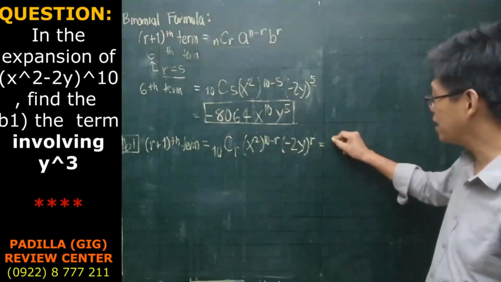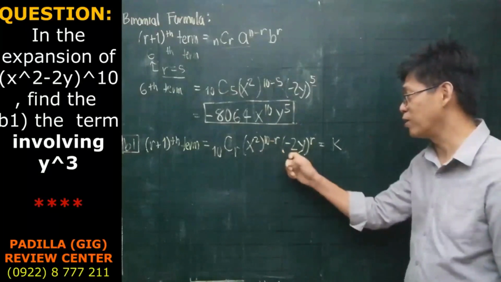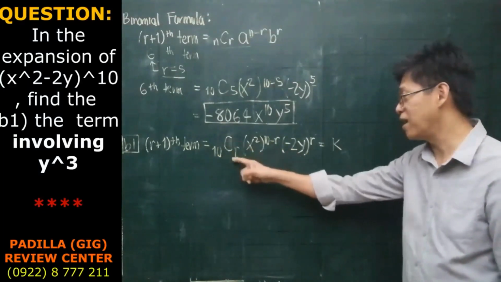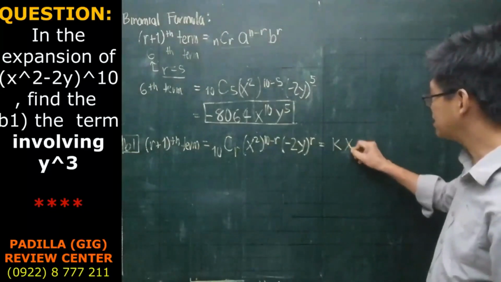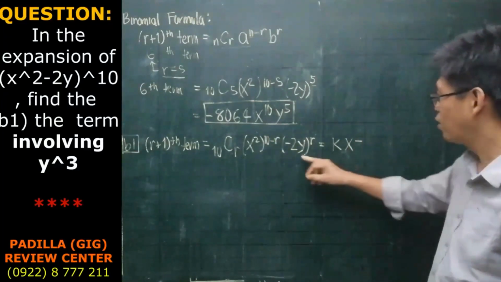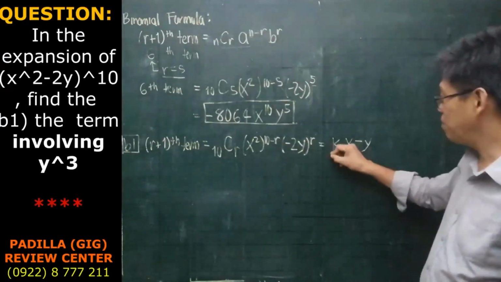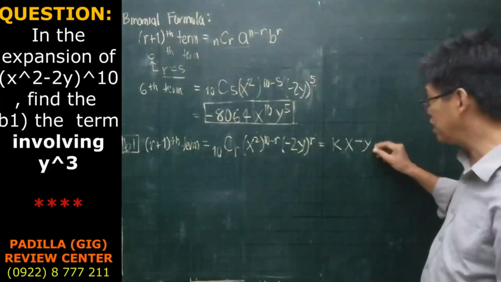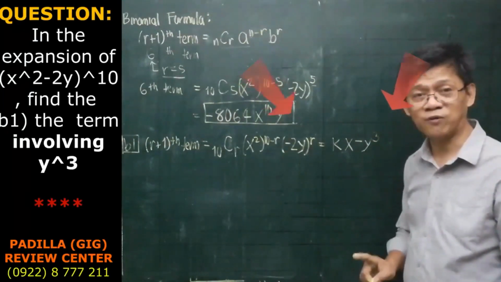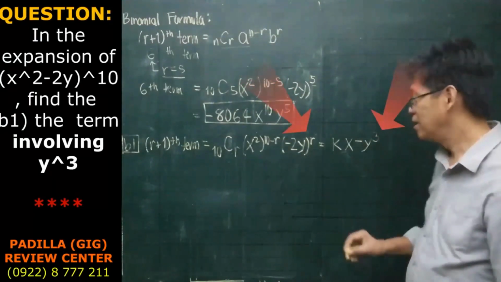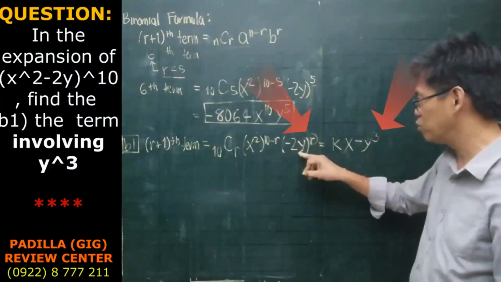So what we will be getting is a constant times constant, x to a certain exponent, y to a certain exponent. But the simplified term that we need is involving y cubed.